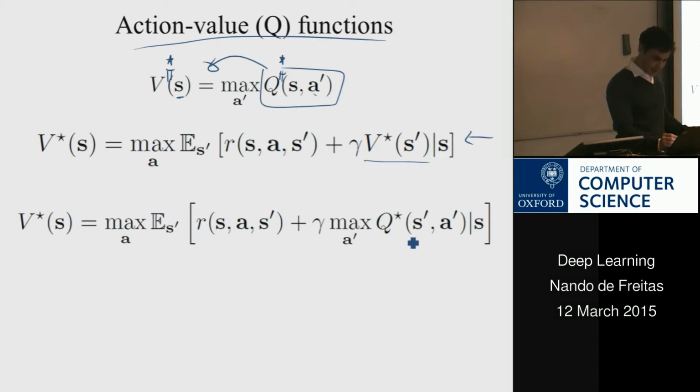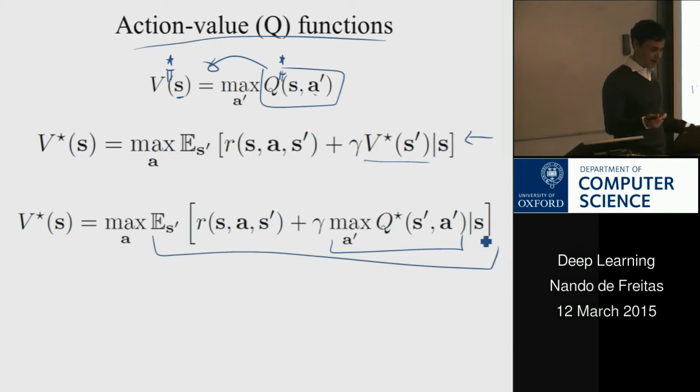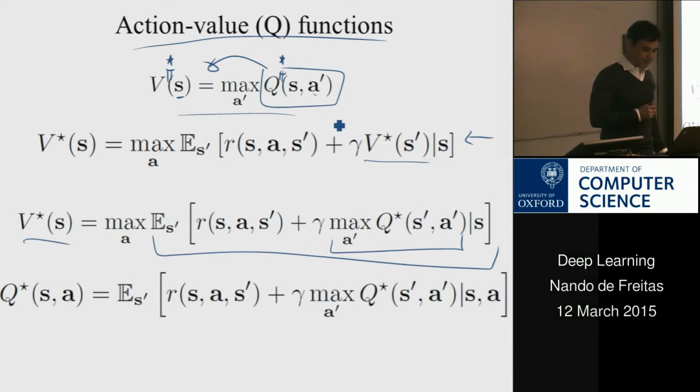And so we've replaced it here, but the max over this quantity is giving V, which must, by this definition, also have to be Q, because the definition is that V is the max over A of Q.